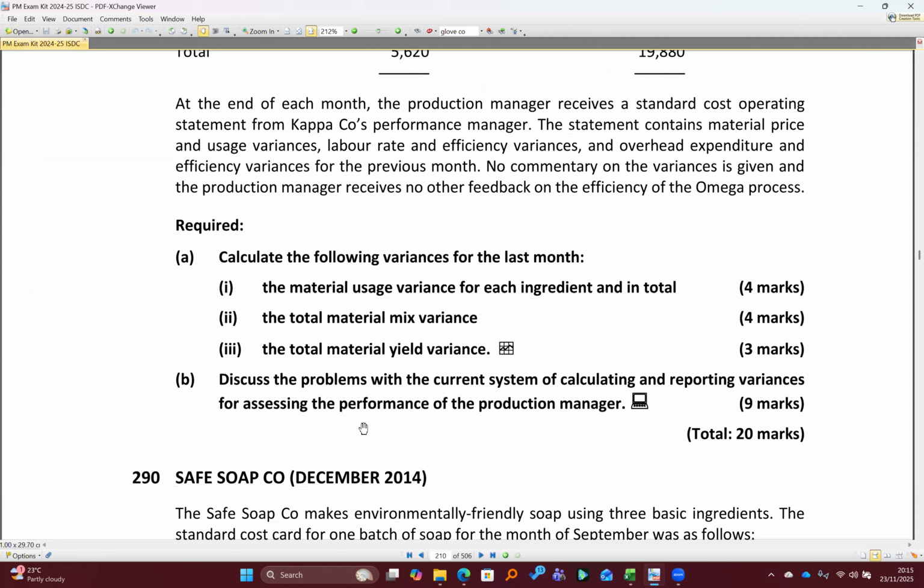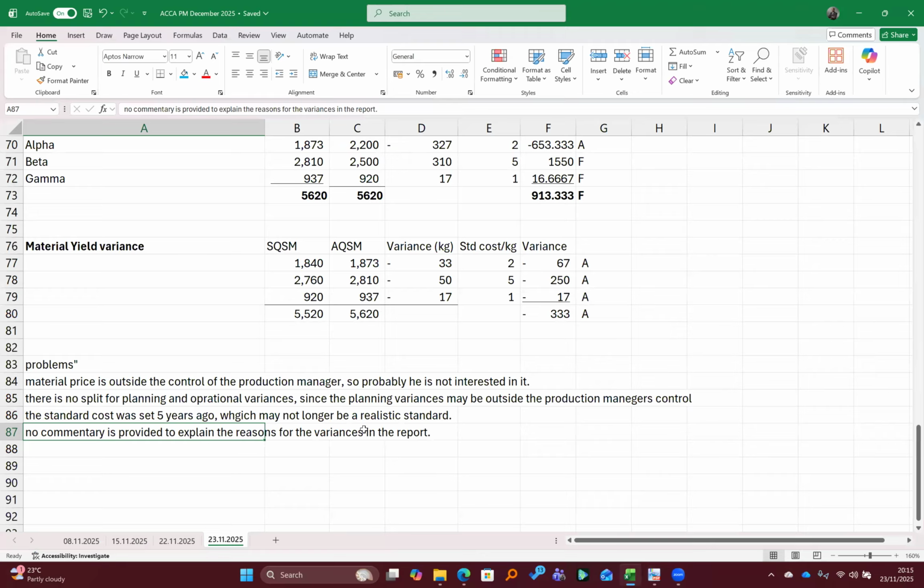Because the question says discuss. So discuss means you have to provide explanations and also probably examples where possible, or the consequence of, for example, no commentary being provided. Don't just write that statement like that because it will not give you the marks you need.